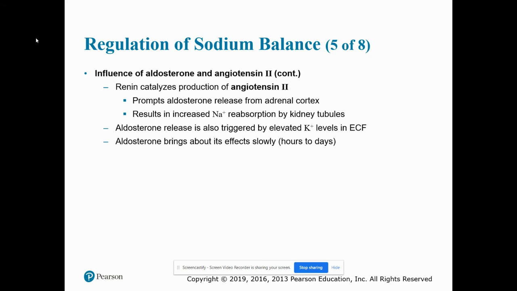Renin catalyzes the production of angiotensin II, which is going to prompt aldosterone release from the adrenal cortex. This is going to result in an increase in sodium reabsorption by the kidney tubules, specifically the distal convoluted tubules and collecting ducts. Aldosterone release is also triggered by elevated potassium levels in the extracellular fluid, and it's going to bring about its effects slowly, so hours to days.